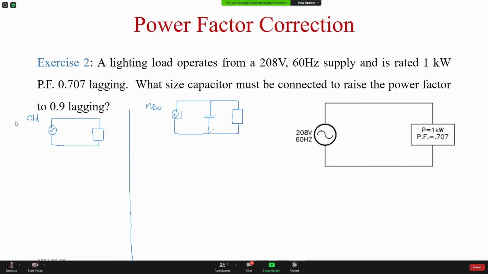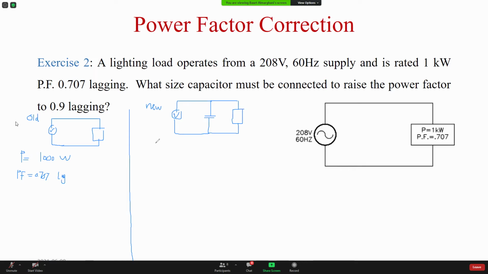Few details, just the difference between one question and another. They give you the P here, the old, which is 1 kilowatt. They give you the power factor, which is 0.707 lagging.